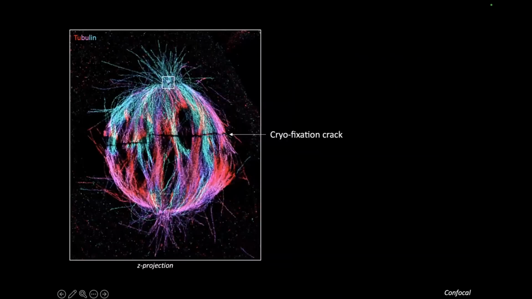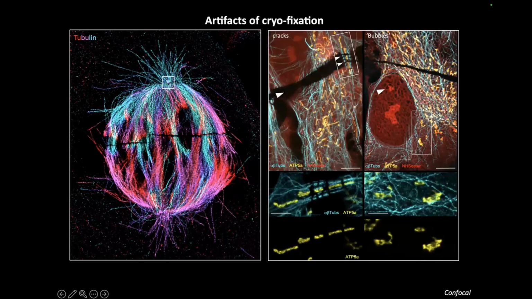Another example here of a mitotic cell, and I just chose this one because I wanted to highlight the fact that there are some artifacts or things you need to be careful of when applying cryofixation, and this is not only the appearance of this crack. This is quite classical, even EM people described it quite a lot. And here I just wanted to show you another example of a bigger crack, that if you look at this zoomed-in area, doesn't really disturb the overall architecture of the organelle.